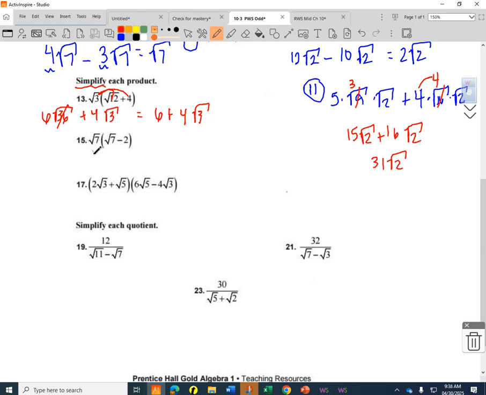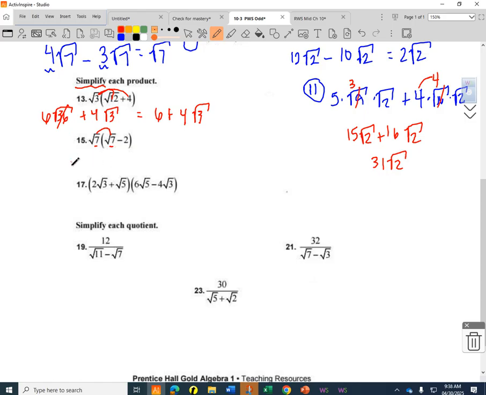Same thing for number 15. What's the square root of 7 times the square root of 7? We should know this. I'm not going to take an extra step here. Right, but if we have a square root of 7 times the square root of 7, do we have to go to the square root of 49? This is 7, right? If we're multiplying by the exact same square root, you just write the number under that radical.